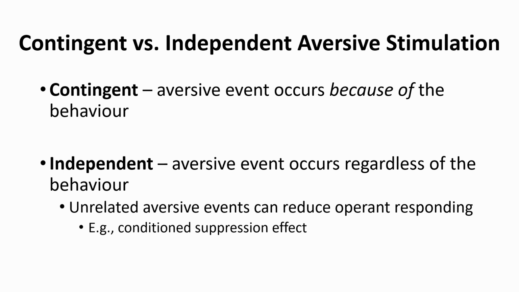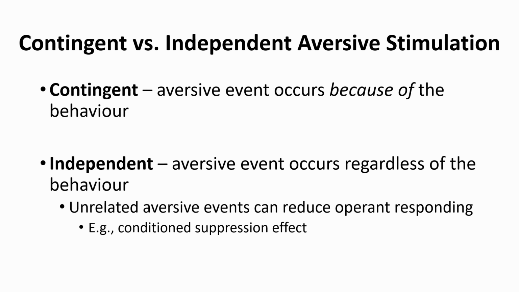So rats are less likely to pull levers or push buttons or whatever if they're under the threat of the delivery of some kind of aversive stimulus. So they tend to show freezing behaviors and suppression of movement because of those aversive events.